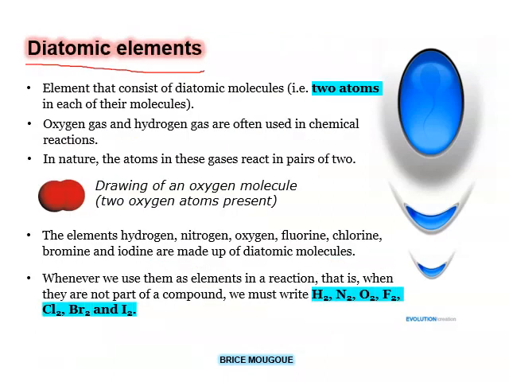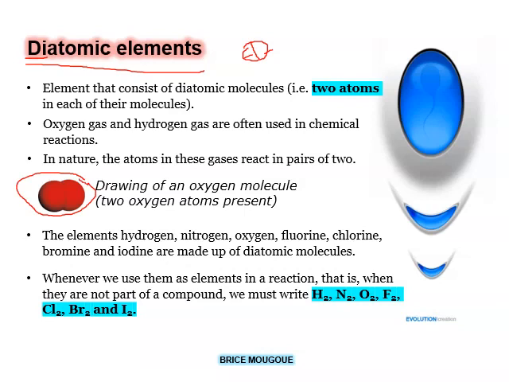Diatomic elements. Di means 2. And what 2 are we referring to? These are elements that if we look at each of their molecules, we will realize that for every molecule, there will be 2 atoms that are present in each molecule, just like we have here. This is a molecule of oxygen.